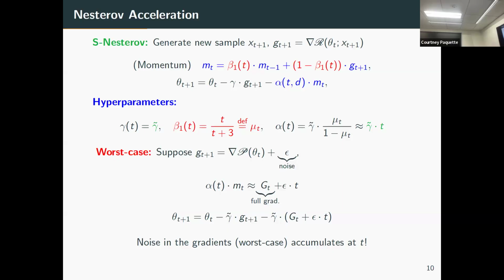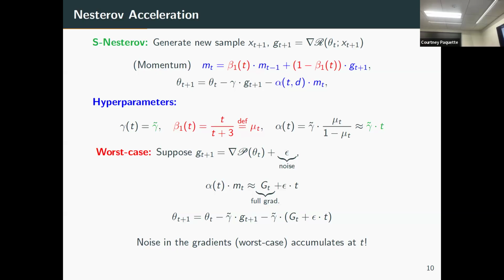Because you have a long history now, it accumulates, and it's bad accumulation. The bad accumulation gets hit all in this MT and it just stays there. So now you have orders of magnitude wrong on the noise that your stochastic gradients are seeing. You have a g_{t+1} here, which is just one gradient, and then you have a history, which is accumulating a bunch of gradients, which is giving you some problems. These two are now not on the same order.